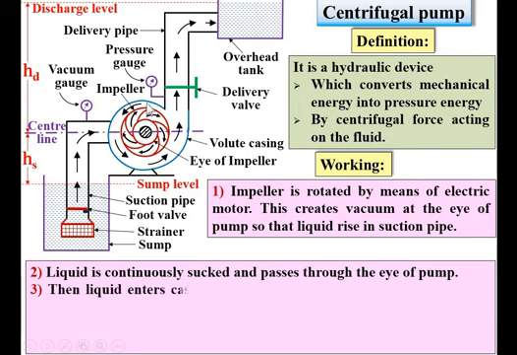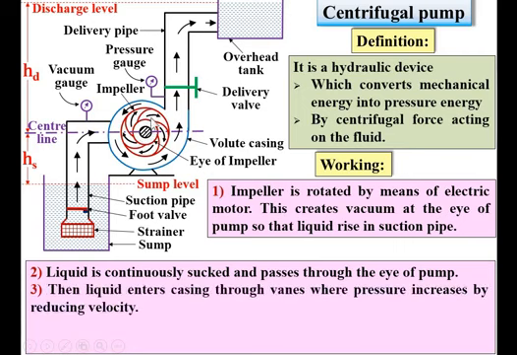Then liquid enters the casing through the blade passage, where pressure increases by reducing the velocity. Here you can see the area is also going to increase along the vane passages, and so the pressure is increased.